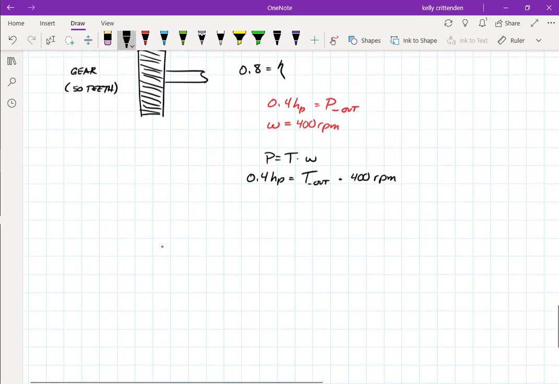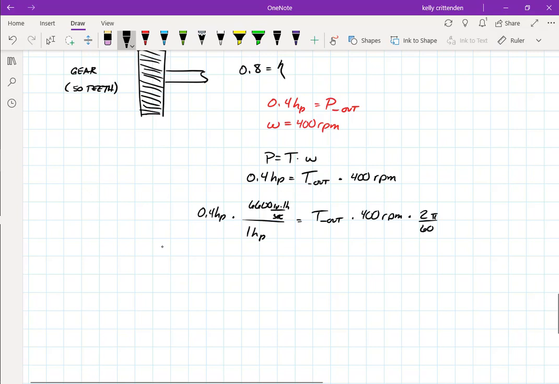We need to convert these, because 1 horsepower is 6,600 inch-pounds per second. For 400 RPM, we need to multiply by 2 pi over 60 to convert revolutions per minute into radians per second.